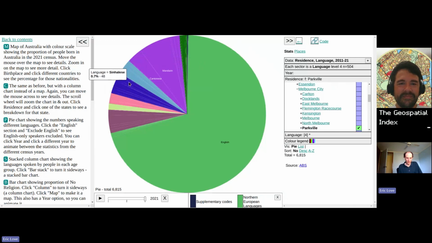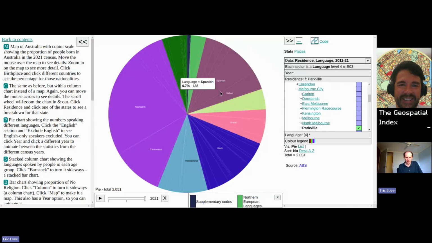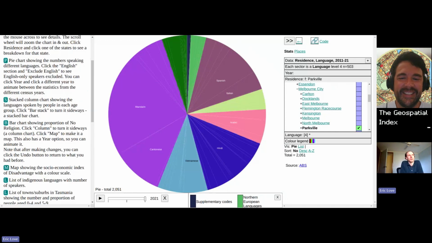That's at the moment. There weren't so many when you're a student. 2% Spanish, that would be students. Yeah, so that's pie charts. But if you think, oh, this English piece is too big, let's click on there, exclude English, and then you see all the others.